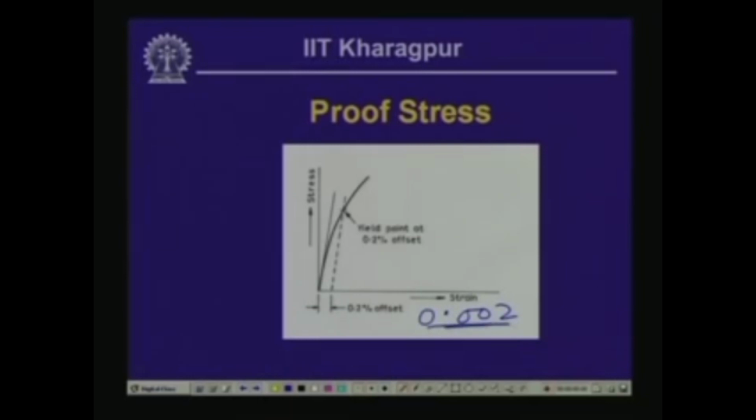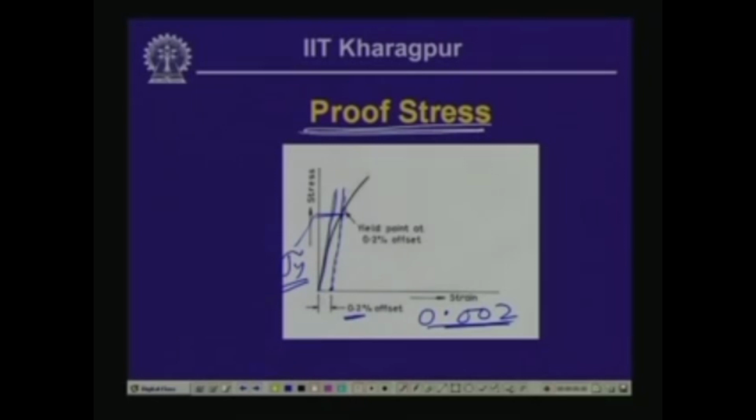Now, if we draw a tangent to the curve at this particular point, which we call the initial tangent, and draw a line parallel to this initial tangent at 0.2% strain, the point where it cuts the stress strain curve, the corresponding stress we call the yield stress, and this we normally designate as proof stress.